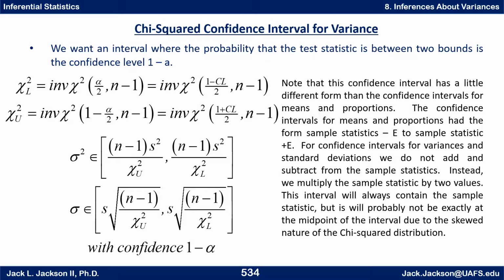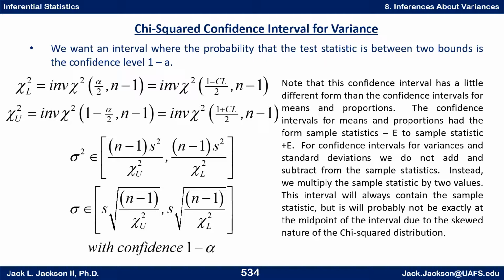Instead, we multiply the sample statistic by two values. So for example, for standard deviations, we take the standard deviation of the sample and multiply it by something here and multiply it by something here. We're not adding and subtracting, or not adding two values, a positive and a negative value. We're actually multiplying it by two values.